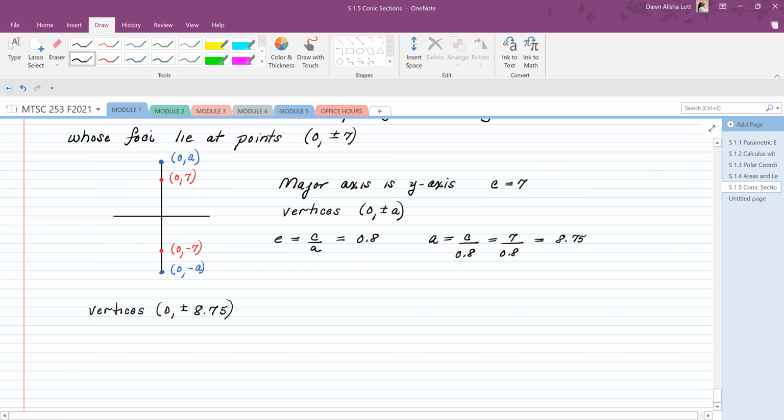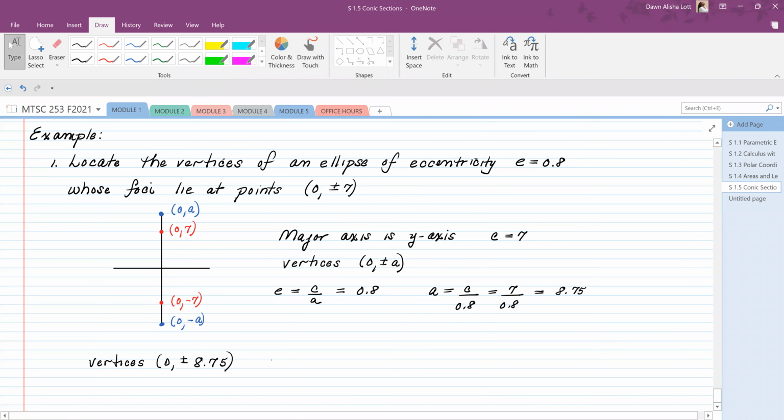And actually, we can even find b. Okay, because with an ellipse, a squared minus c squared is b squared.